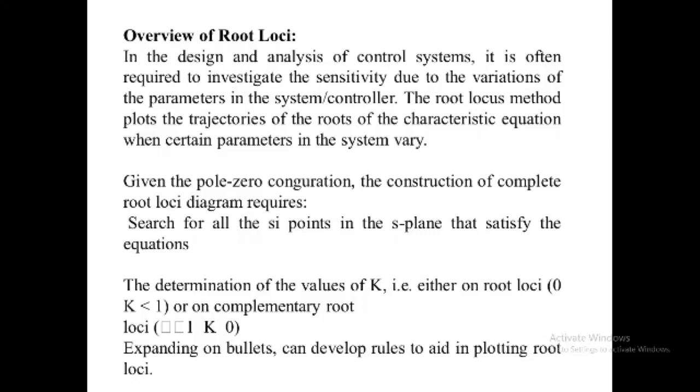The determination of the value of k is either on root loci, where 0 is less than or equal to k less than infinity, or on complementary root loci, that is, minus infinity to 0, meaning the value of k lies between minus infinity and 0. Expanding on these points, we can develop the rules to aid in plotting the root loci.